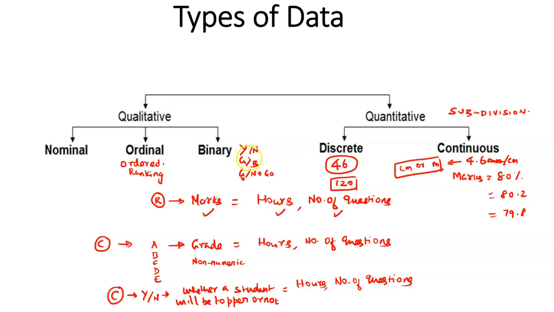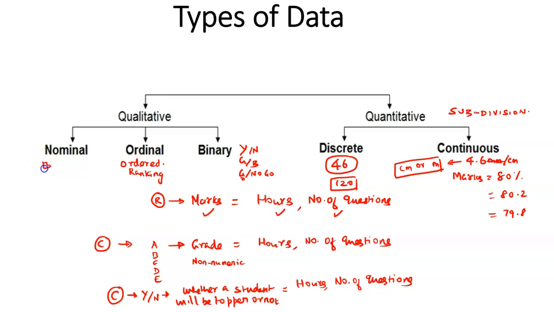Binary is only two things, right? When you have more than two, you look at nominal or ordinal. And when I have an ordered ranking, I use ordinal. When I don't have ordering or ranking in my data, I will categorize that as nominal.